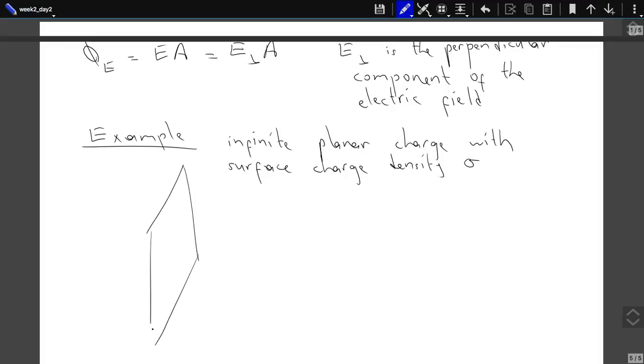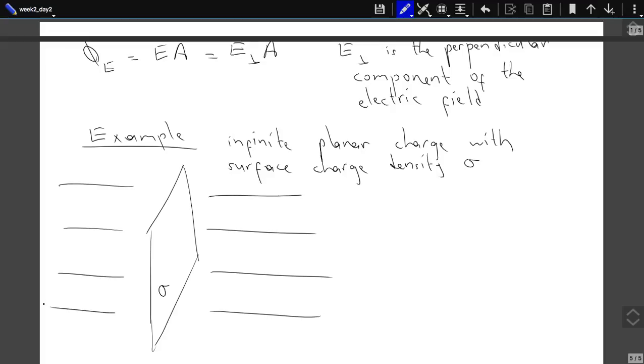So this is our infinite area surface charge. We know the electric field is always uniform, and the magnitude is sigma over 2 epsilon 0.